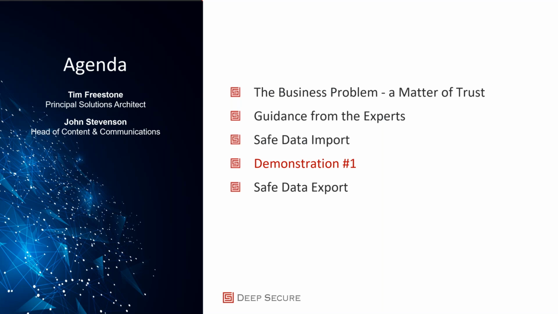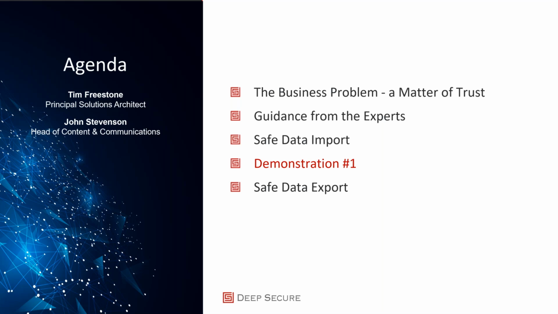Fantastic stuff. The second part of our session today is going to be looking at the same issue, but with regard to data export. That's data moving from trusted to untrusted. Again, we'll look at how you can use Deep Secure solutions to build that kind of cross-domain security, and how those components map directly to the best practice recommendations.